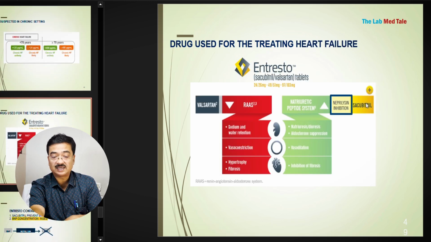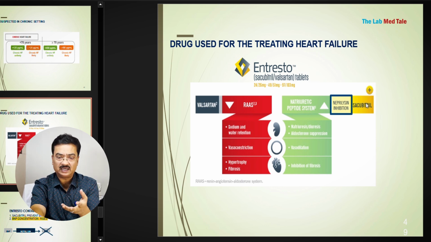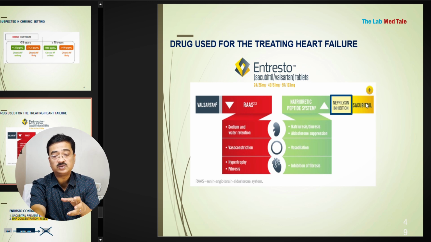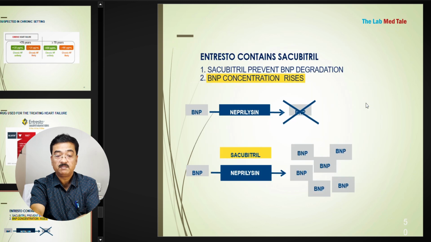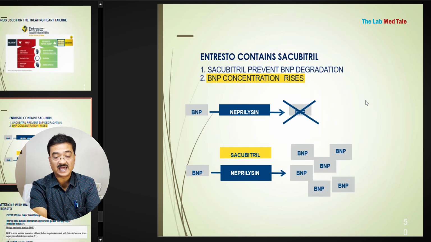And there are certain drugs also, for which I have given this slide. This is a very practical slide: Entresto is a drug which is very much used nowadays for heart failure treatment. Now, if you give Entresto and you are using BNP as a marker, it will be misleading, because this particular drug actually blocks the degradation of BNP. So if we use the drug, more and more BNP will accumulate, and because of the action of BNP, heart failure will subside.